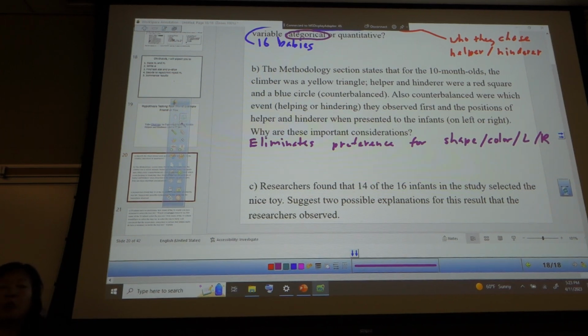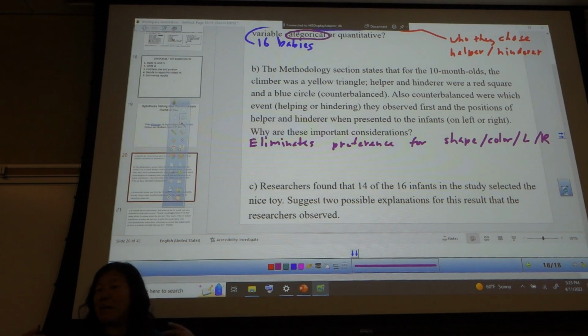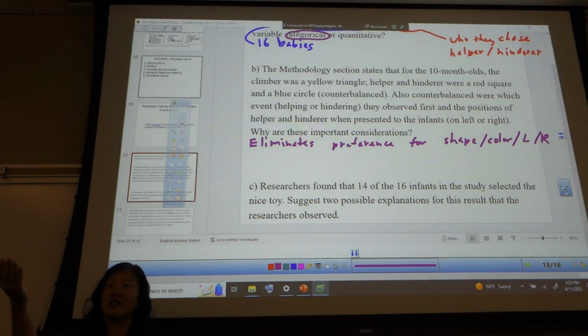What's another possible explanation? It could be they like the color blue. Well, they mixed up the colors, so it shouldn't affect it. They dislike the mean toy. But no. So either they like the nice toy, or maybe it's just random.